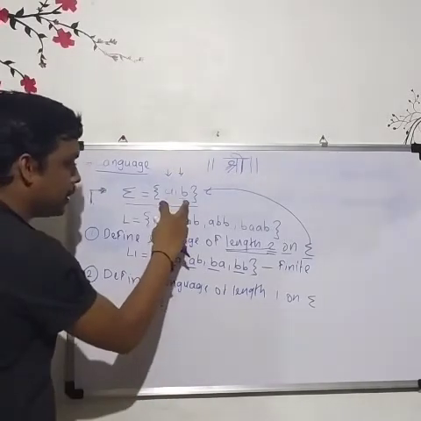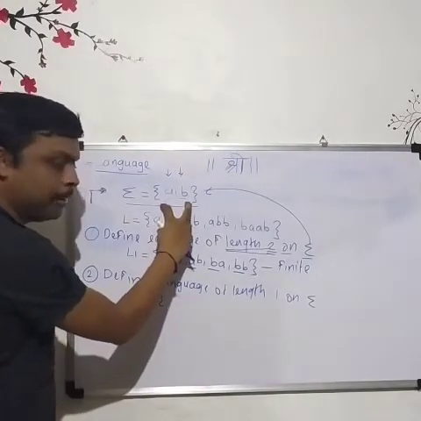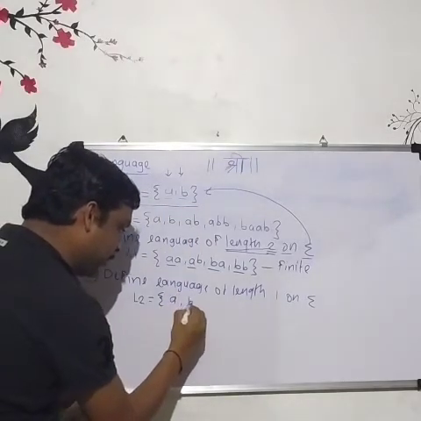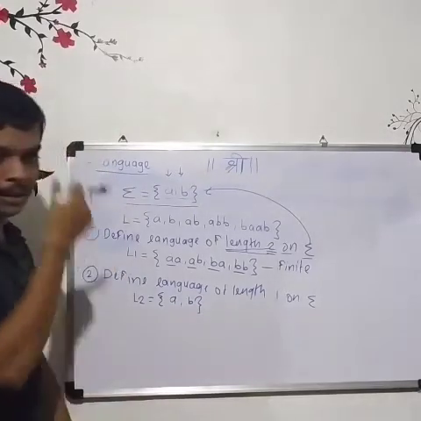How many strings are possible on this alphabet sigma of length 1? First is A and second is B. Only 2 strings are possible.